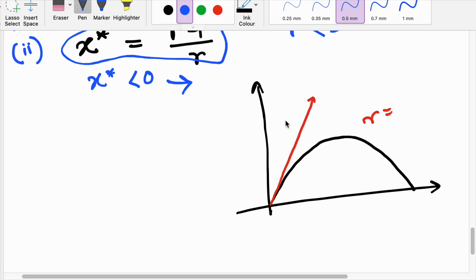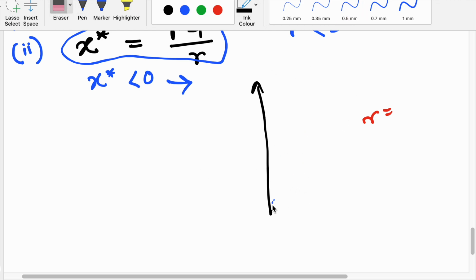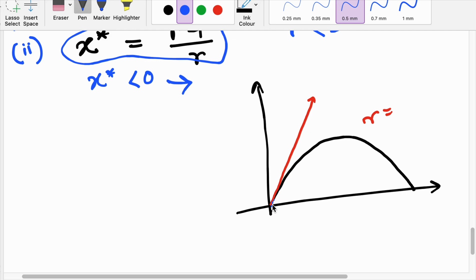So the identity line will be this, y equal to x, and this will be the tangent to f(x) at x equal to 0. And in case of the identity line, you can see here that the slope of this tangent is higher than this. So that means here the slope, f prime x, is greater than 1.